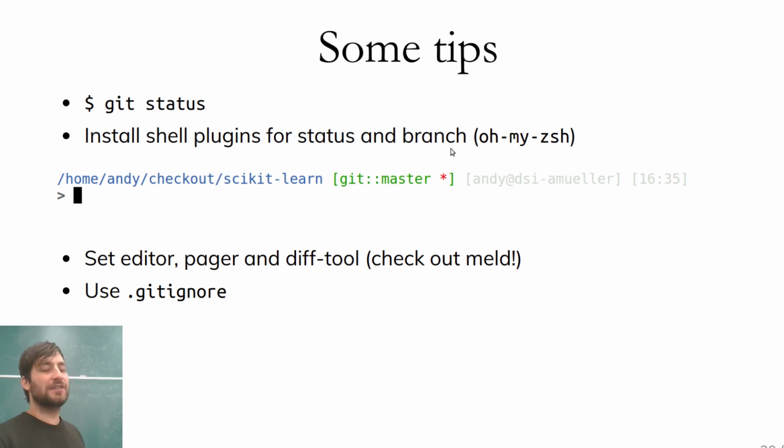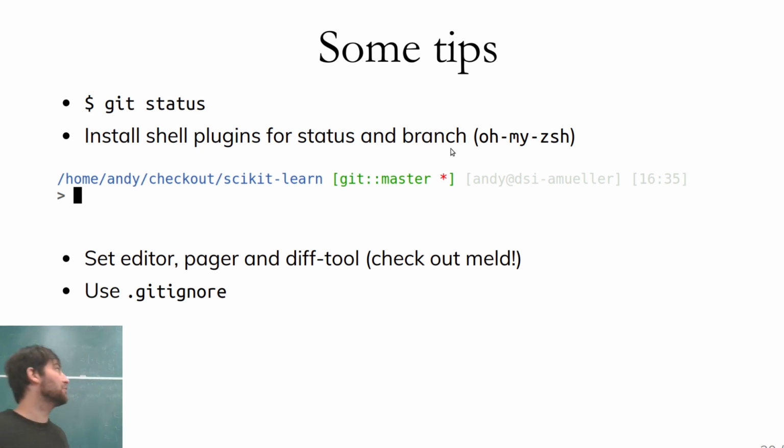If you use ZSH, you should also use that. If you're using bash, use something for bash. Here you can see that my command line shows me that I'm on branch master, and the red star means I have uncommitted changes. It's really helpful to always see which branch you're in.